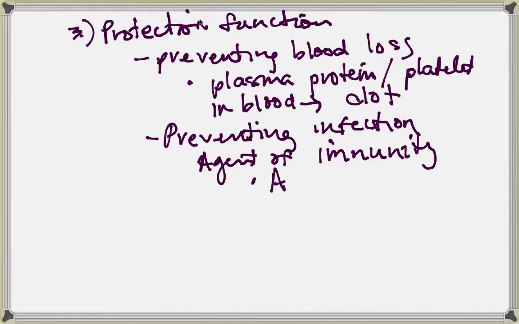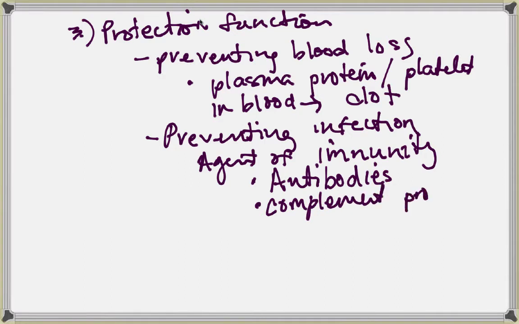Some of the leukocytes are important in creating antibodies. So you have antibodies that are there to help recognize anything that's foreign. We're going to talk later, but we have complement proteins that are there to help with protection. And then, of course, the white blood cells or leukocytes that we're going to get to.